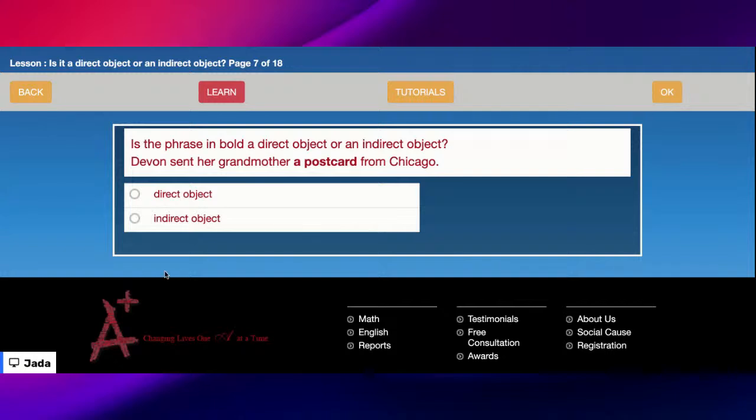So this one, Devon sent her grandmother a postcard from Chicago. What's our answer here? So what will our answer be here?